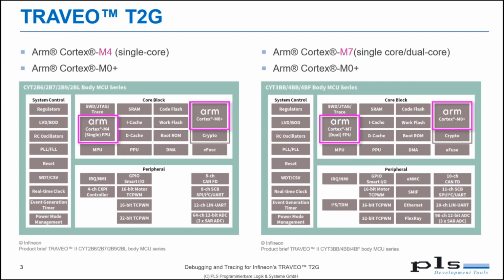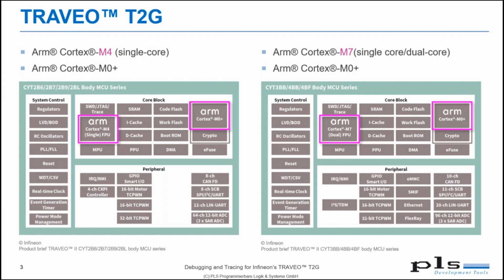On the left picture, this is a body entry device of the TRAVEO II, which is based on Arm Cortex M4 as a main core. And on the right side, we see a body high device, which is based on a Cortex M7 core in a single core, or there are also dual core variants available.